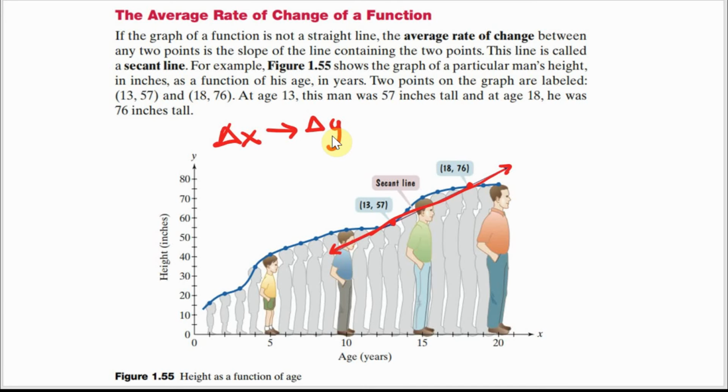But this change, we want it to be very small. So instead of going all the way, if we start here at a fixed point, say you pick this value there and you look for the slope.